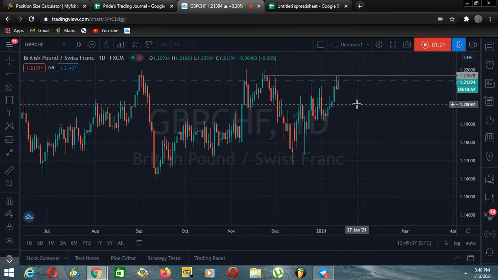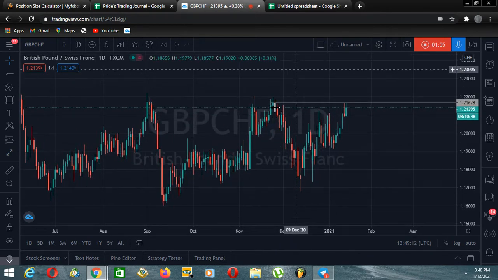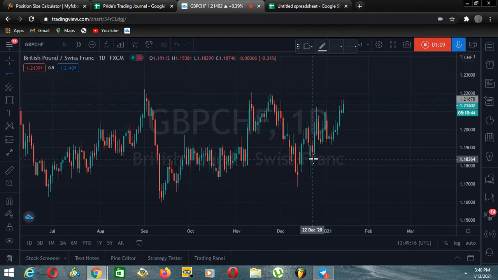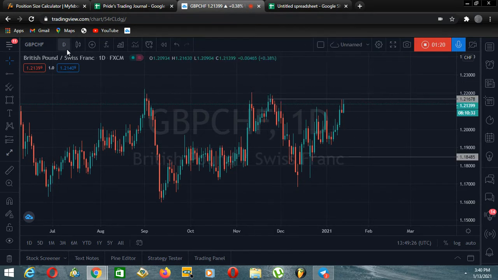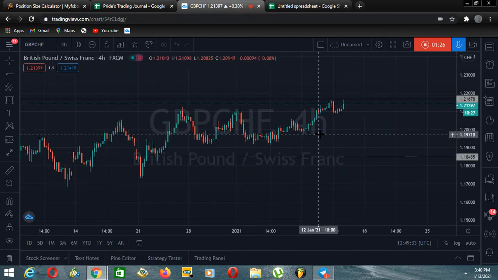I marked out this big zone because this was a daily high, and this was my daily low. I tend to mark out not necessarily where the weak rejection is, but the start of the body of the candle. And then I move on to my daily time frame.